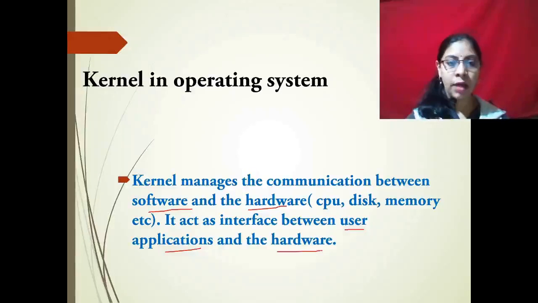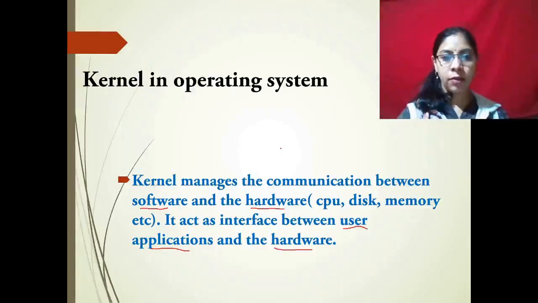Every software has different requirements, so every software has to be connected to different hardware. Which software connects to which hardware, and which hardware to which software, is decided and done by the kernel.